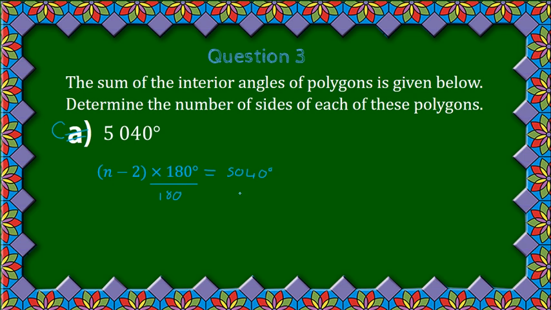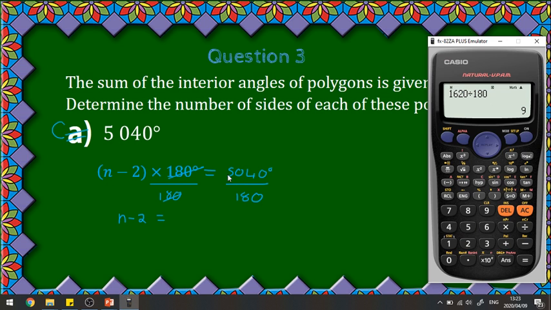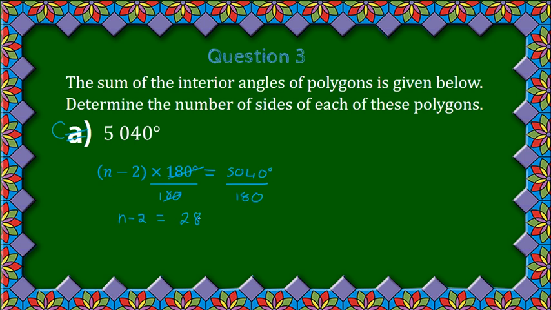Divide both sides by 180, and I have n minus 2 is equal to 5040 divided by 180, so that gives me 28. And then n would be equal to 28 plus 2. If I bring the 2 over, it changes sign. So n is then equal to 30 sides.